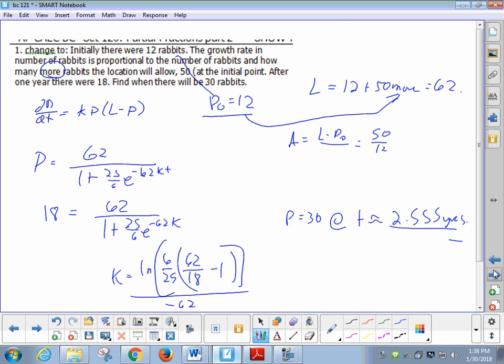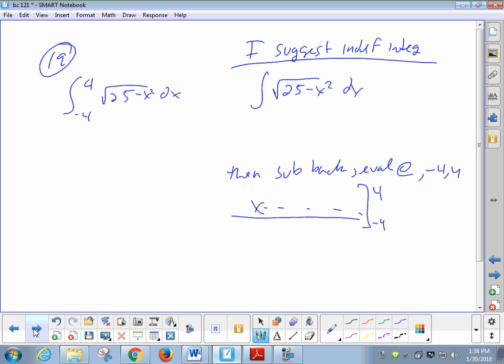All right. The other class asked about 19. Why did they ask about 19? Is that hard? Oh, the areas. Okay, so 19, on a trig sub case with a definite integral, where the limits are like 0 or 1, or something nicely trig-ish, then I would strongly suggest you do an indefinite integral.